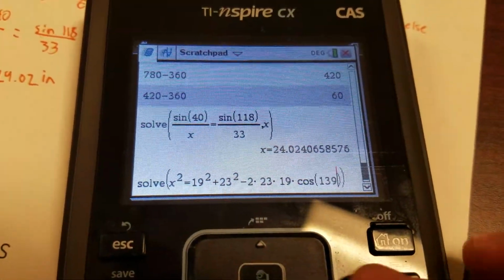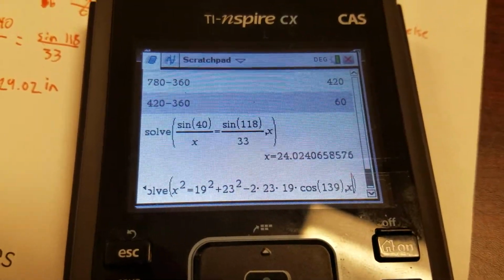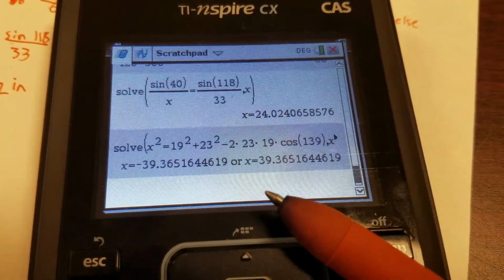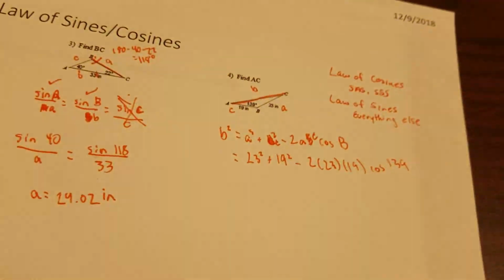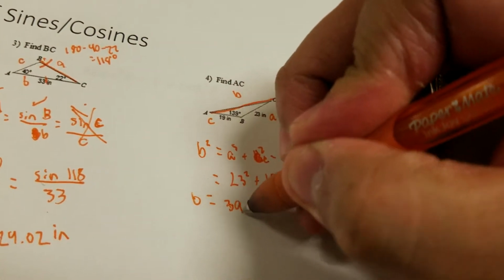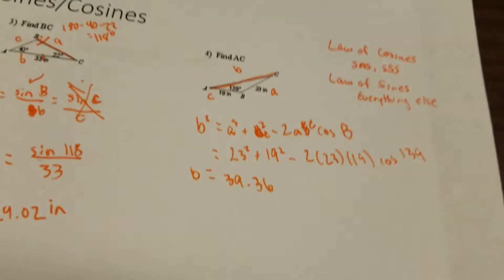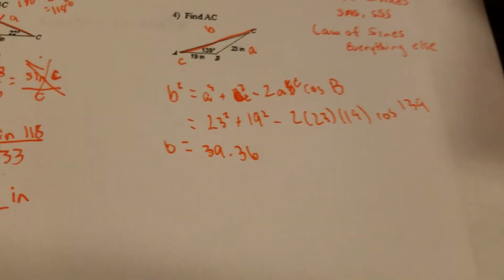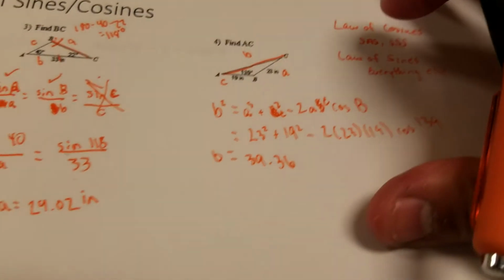And when I do that, I find that my answer is 39.36. And that was one of the things, guys. If you're going to just use nsolve, don't worry about square rooting it. I mean, the calculator does it for you as long as you put the square.